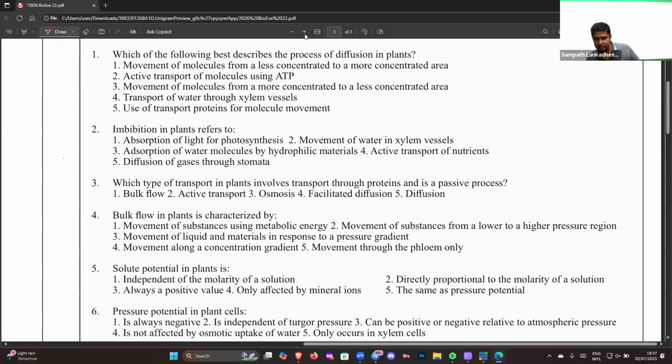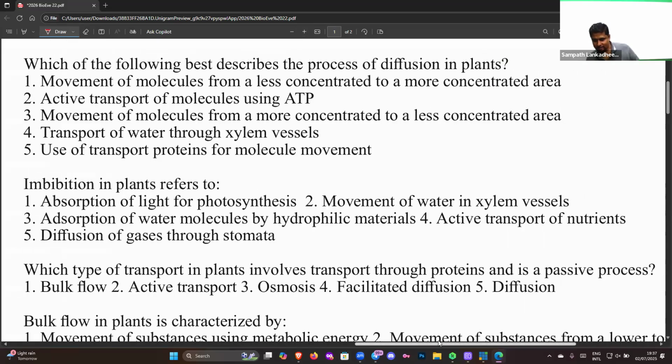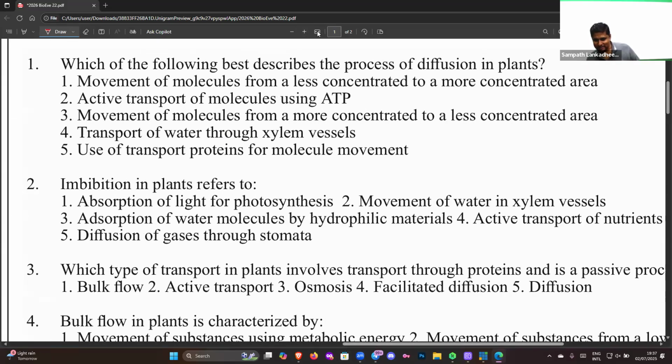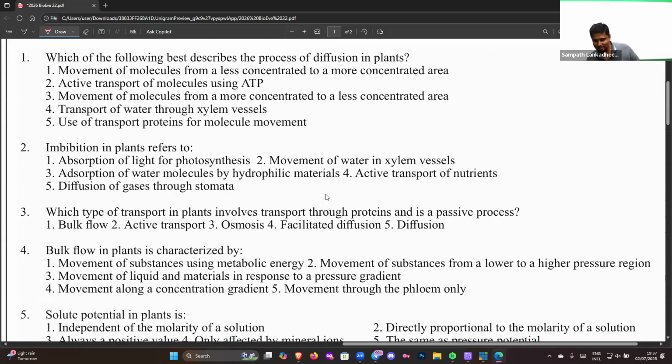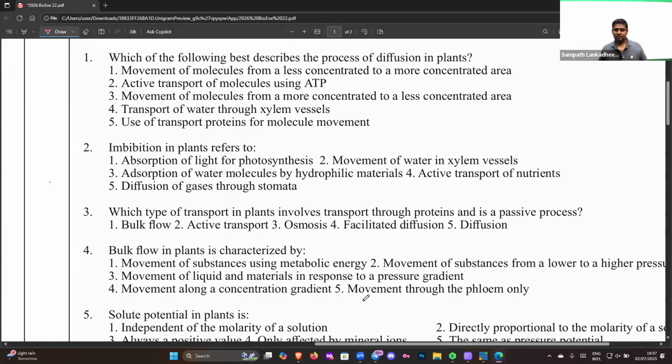Let me adjust this a little bit. Which of the following best describes the diffusion process? What is that, people? Diffusion, how do you describe it? Movement of molecules from less concentrated to more concentrated area.